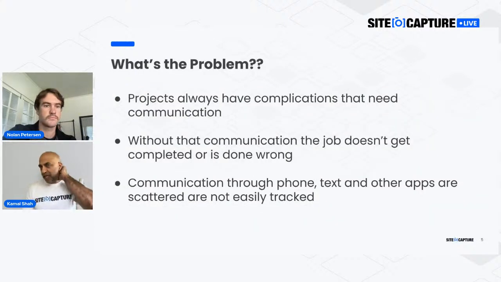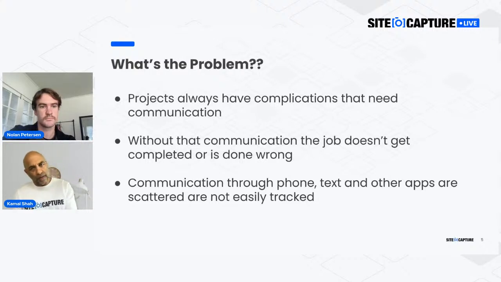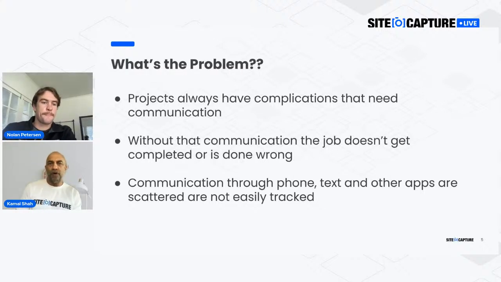Okay, so today let's drill in a little bit into today's problem. I think all of our customers, when we talk to them about challenges they have in their field operations, one of the things that always comes up is communications, how to really have good communication between the field staff and the office, because projects always have various complications that come up.